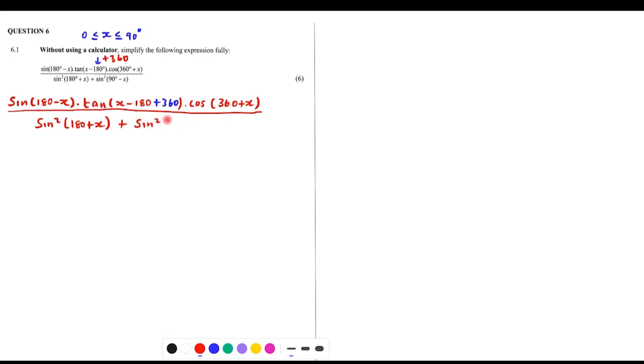So here, then I know minus 180 plus 360 is 180. So this will then result in having plus 180, because it's going to be positive, which will then be 180 plus x.